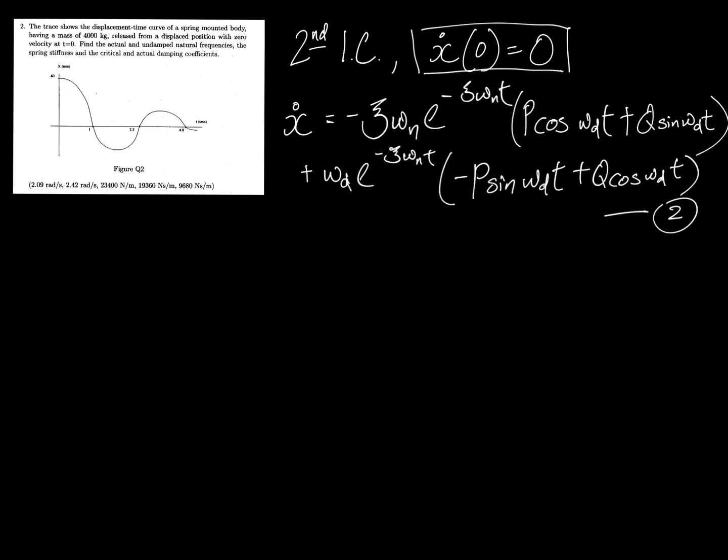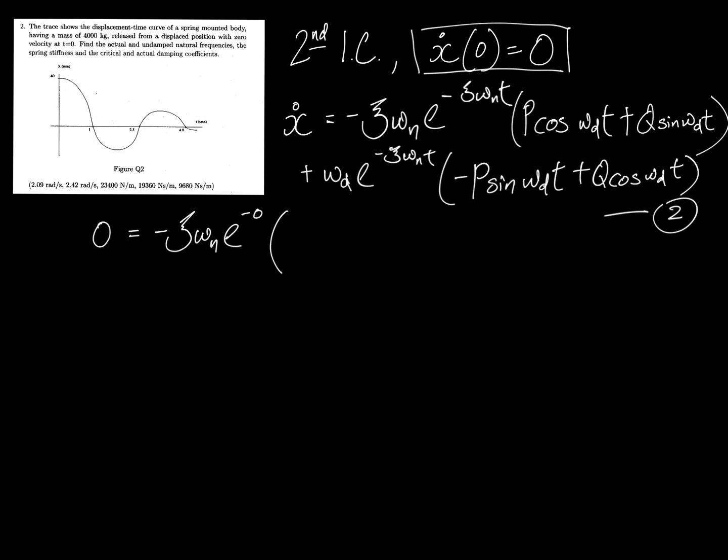Right, so x dot is equals to 0, velocity is 0, is equals to, and now we substitute all the t's with 0, minus zeta omega n e to the power of 0.